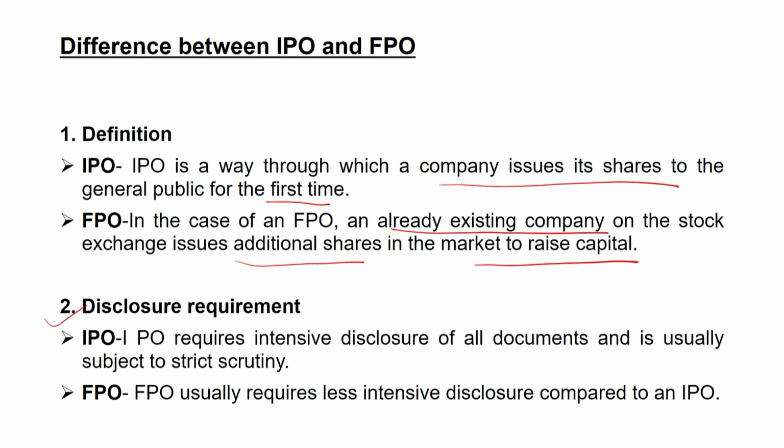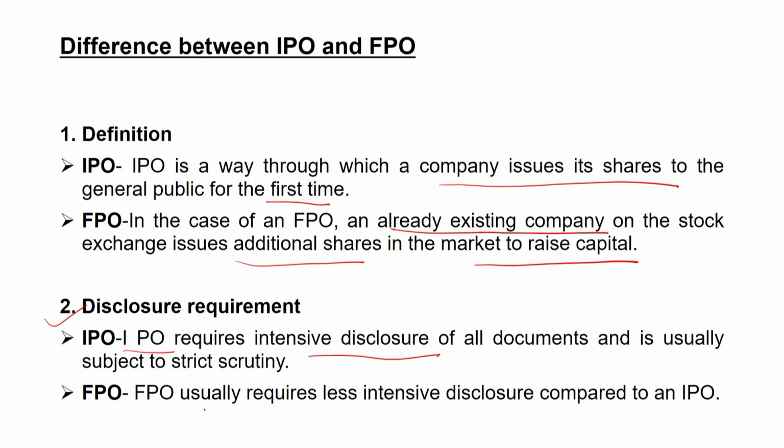If we talk about the disclosure requirement, the IPOs require intensive disclosure of all the documents, which are always subject to strict scrutiny, since the company is getting listed on the stock exchanges for the first time. They need to disclose all the information related to the company, that is their financial statements, their policies, their various types of plans and other information that may be crucial for the prospective investor to take a decision whether to invest in the company or not.